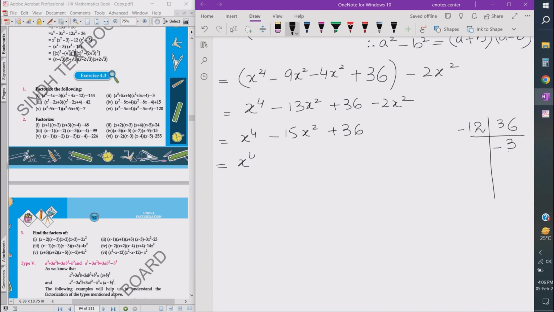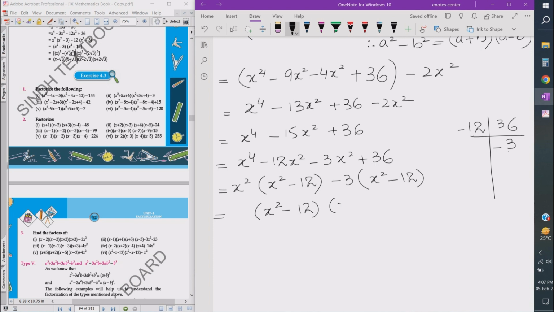So x to the power 4 minus 12x square minus 3x square plus 36. Now we will take common: x square minus 12 and minus 3, x square minus 12. So common is x square minus 12, and x square minus 3 is here.